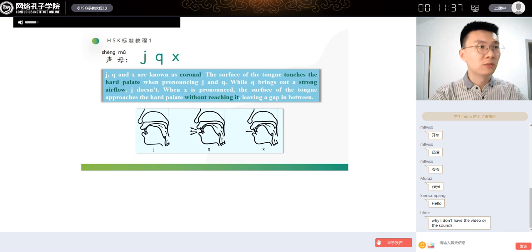The surface of the tongue touches the hard palate when pronouncing ji and qi, while qi brings out a strong air flow. Ji doesn't. When xi is pronounced, the surface of tongue approaches the hard palate without reaching it, leaving a gap in between. It's xi, xi.